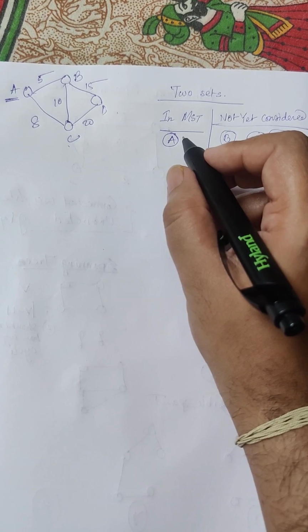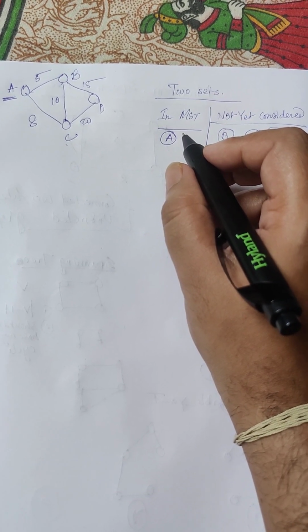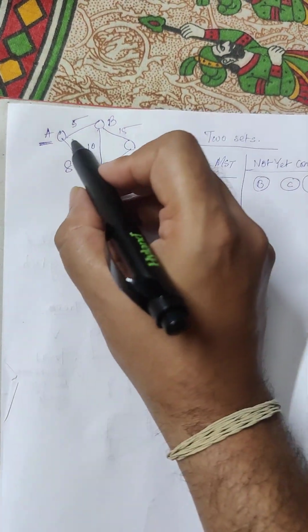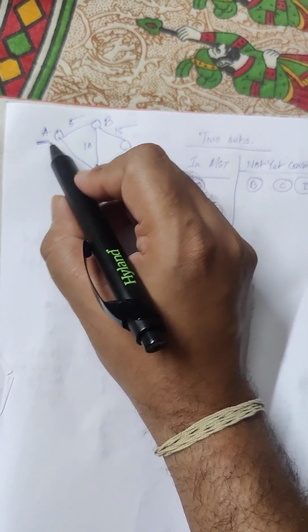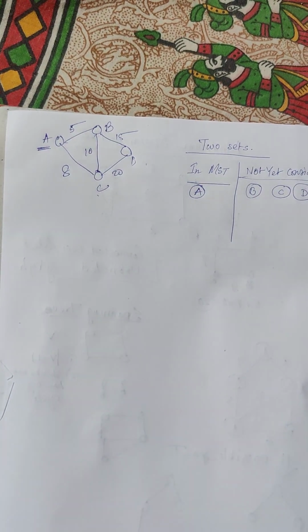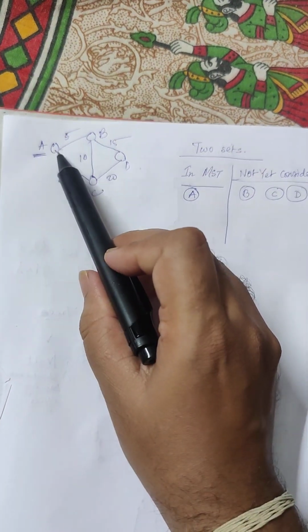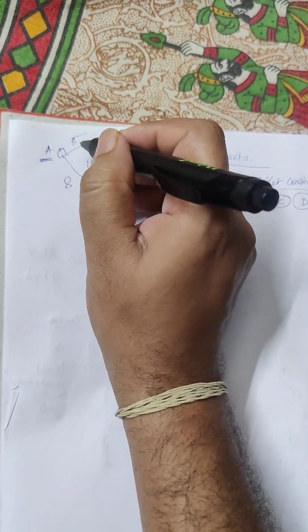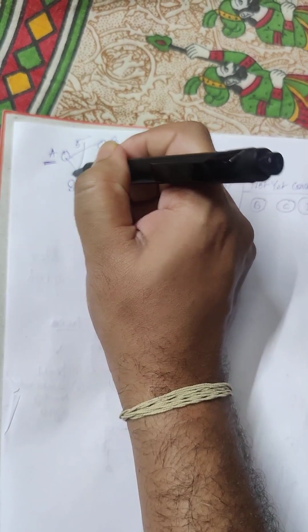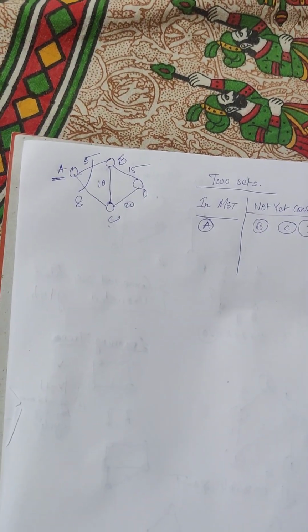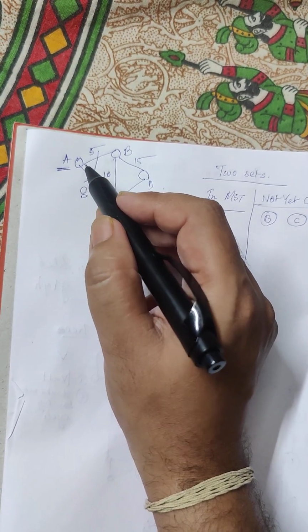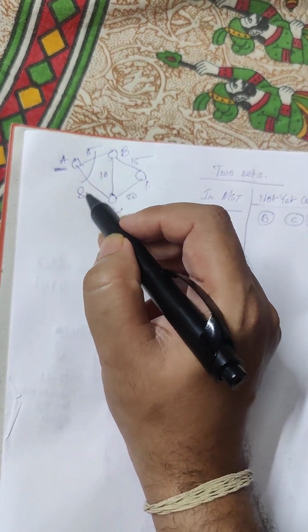Now, if we look very minutely, this A node is associated with two edges. One edge is from A to B, another edge is from A to C, and they have their own weights. If we make a cut over here, we need to understand that this cut has two weights, one is 5, another is 8.